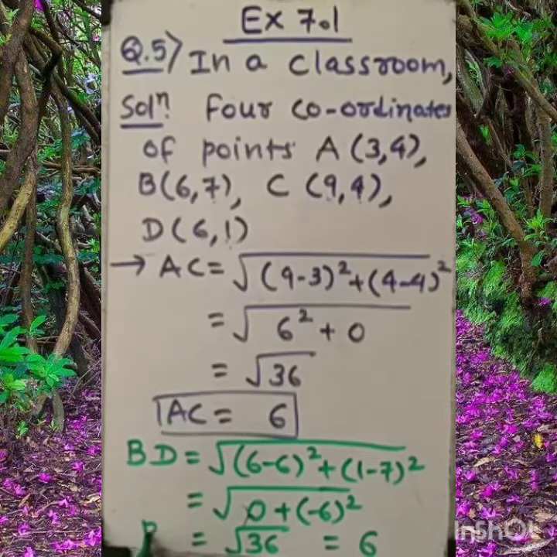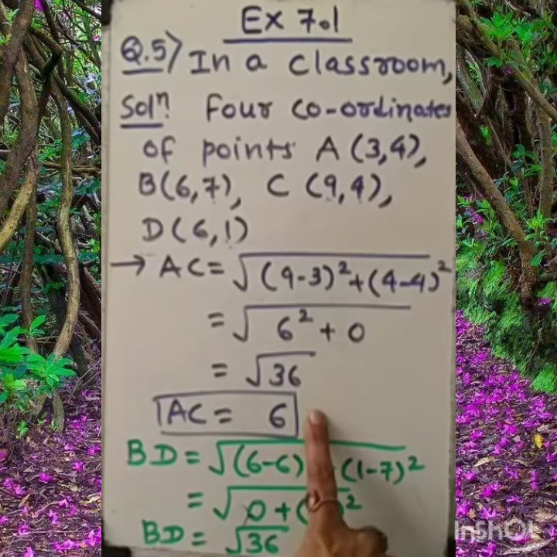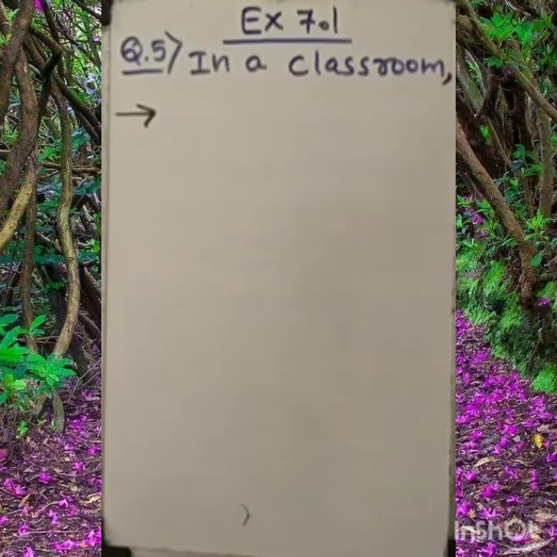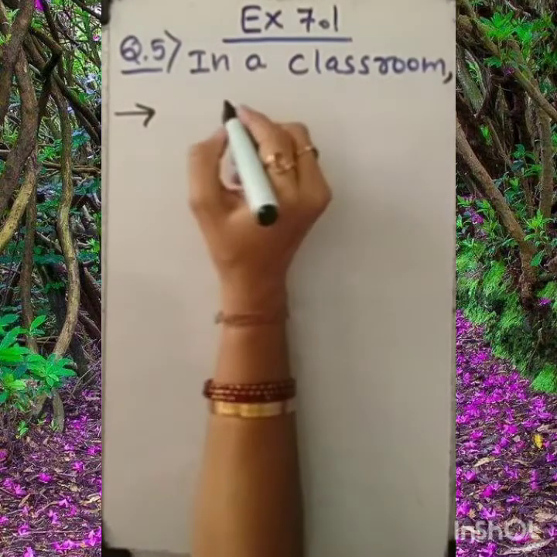So here according to this solution, BD is coming 6. Means four sides are equal and two diagonals are also equal. BD is 6 and AC is also 6. So let's come to the final conclusion.